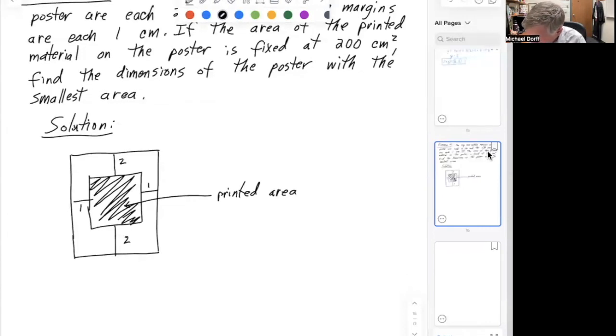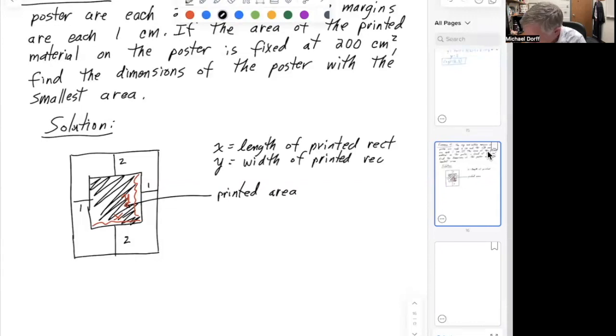So we're going to let X be this length and Y be this length. So X equals the length of the printed rectangle, and Y is going to equal the width of the printed rectangle.